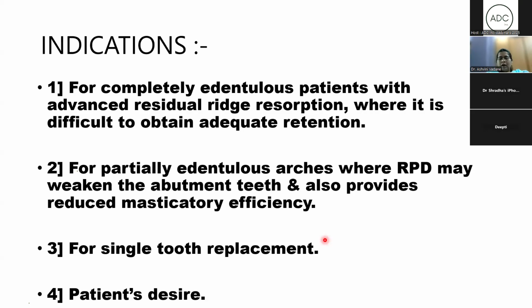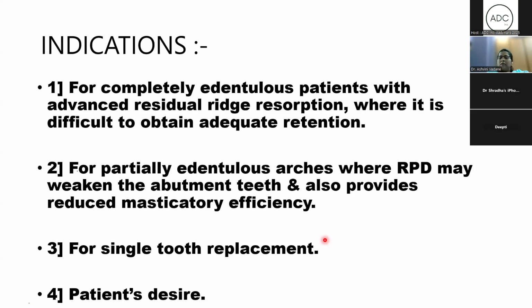So as I have already told, why we are going for dental implants. The basic funda is that we don't want to sacrifice the adjacent teeth. So the second indication is about that only. In partially edentulous arches, the removable partial denture can weaken the abutment teeth and it can lead to reduced masticatory efficiency.